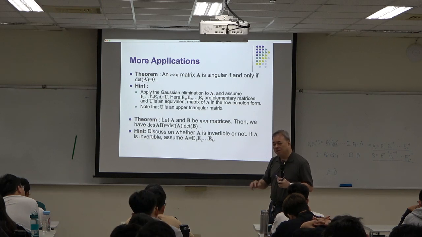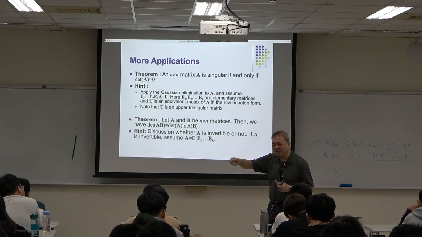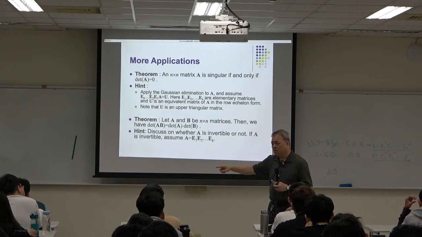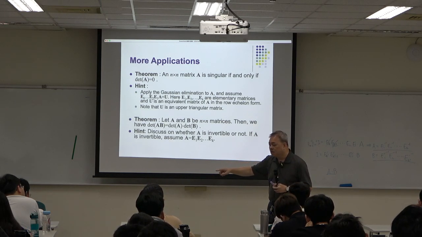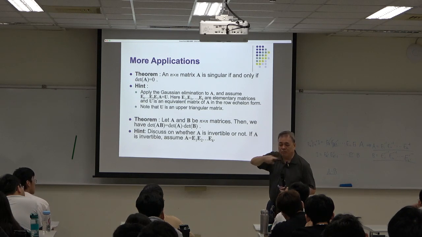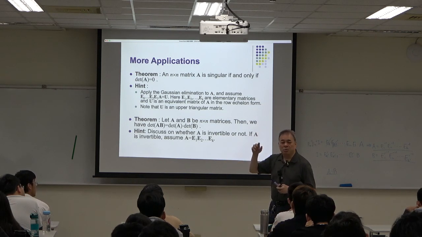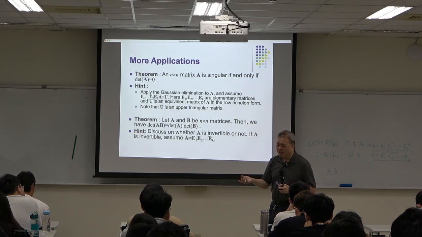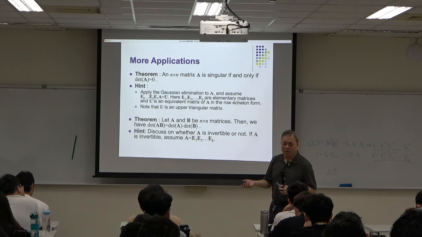Elementary row operation. I mean, multiply a row by a non-zero constant C. How to reverse it? Multiply the same row by 1 over C, right? Obviously 1 over C is also a constant, and it's also non-zero.